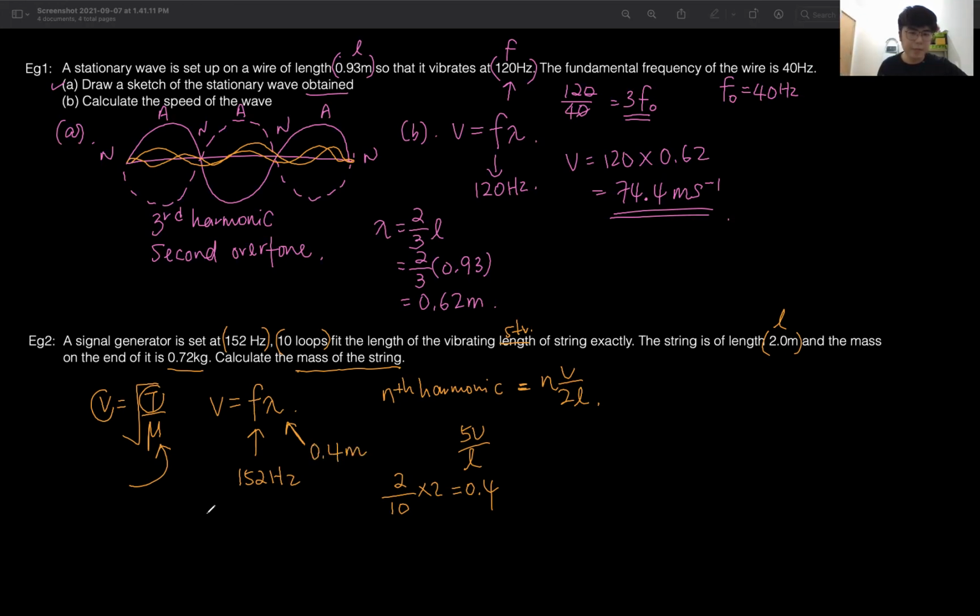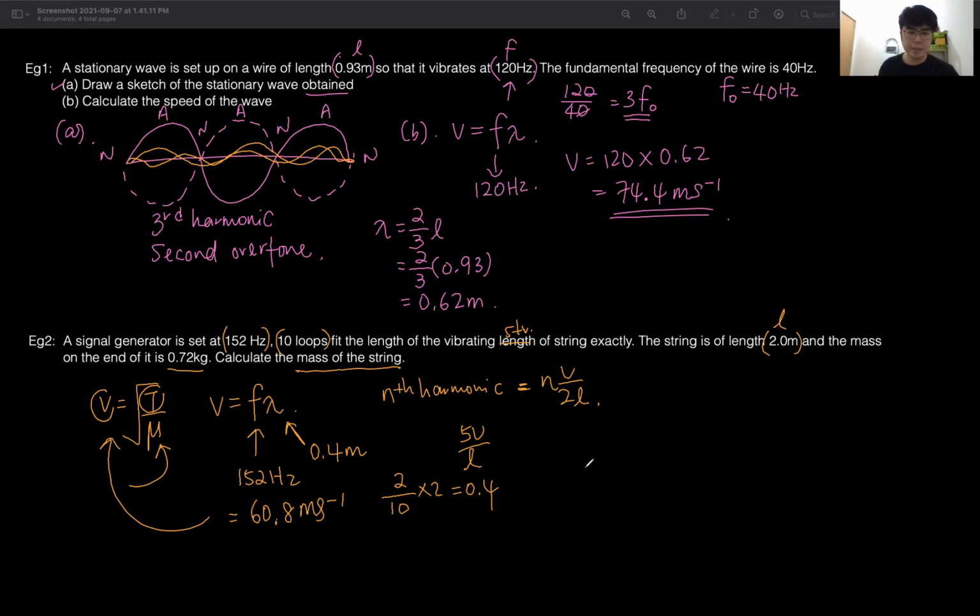So 0.4 meter goes here. Times it, you get the velocity. Velocity is 60.8 m s minus 1. Put it in here.